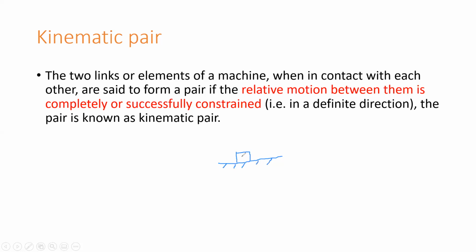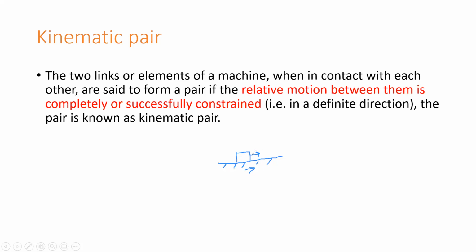A block is kept, right? Now what will happen? Suppose I apply the force in this direction. Where will be the motion of this block? Along the fixed path, right? Along the fixed path means you know the direction of motion.